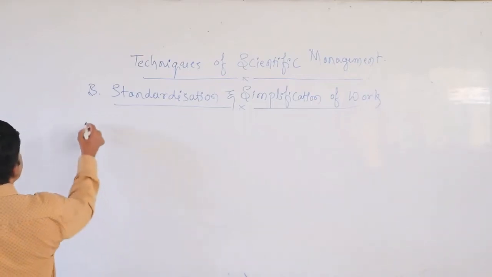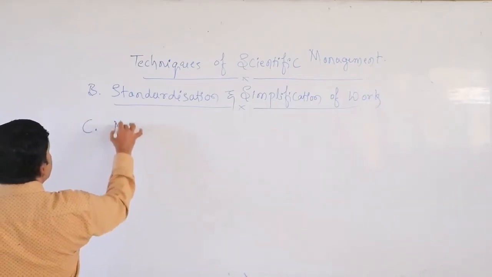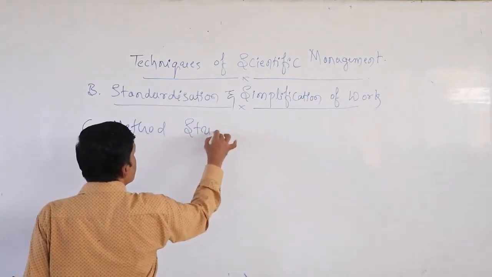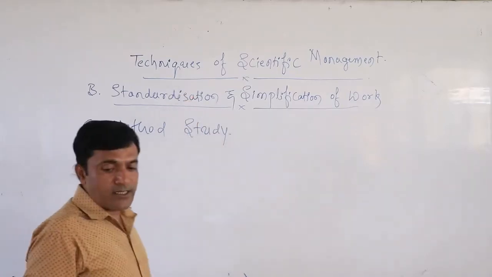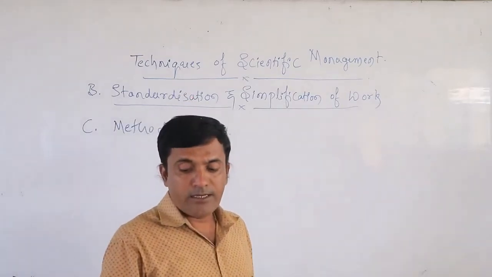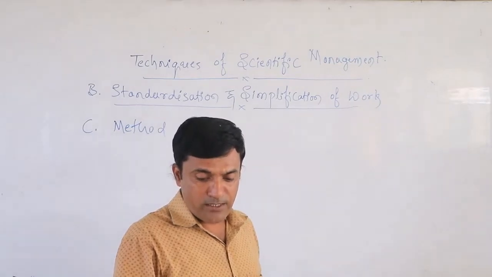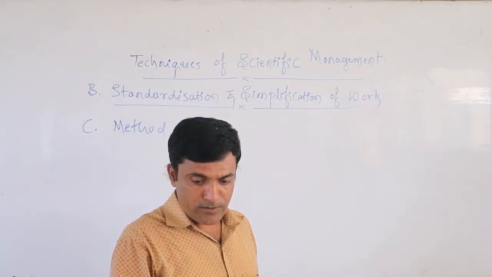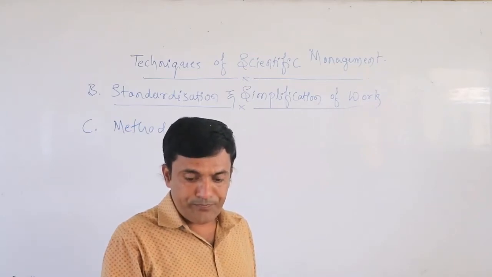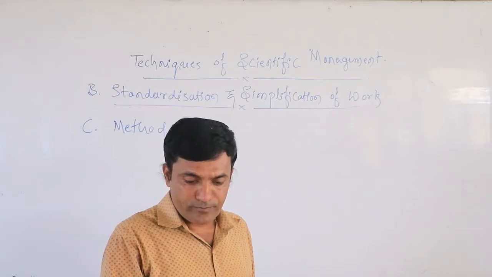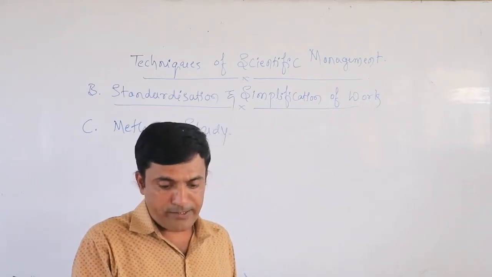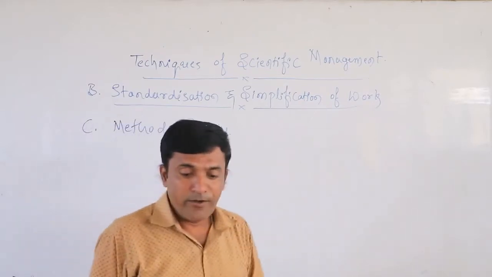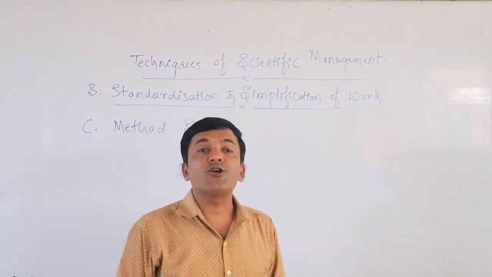Then the third one, that is method study, point number C. Under this third technique of scientific management, very important, dear students, it is finding one best way of doing a job.